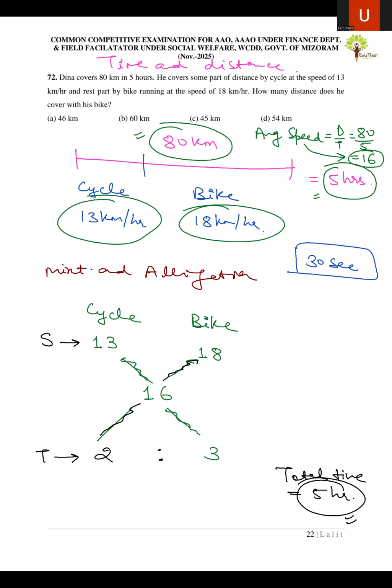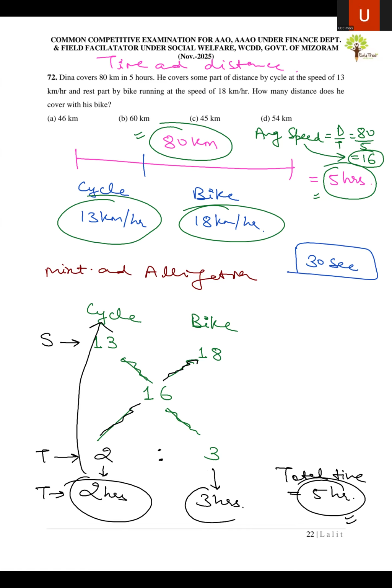We got the actual time. 2 hours, and 3 hours. All right. So 2 hours by what? By cycle. 3 hours by what? By bike. So he's taking 2 hours by cycle and he's taking 3 hours by bike.